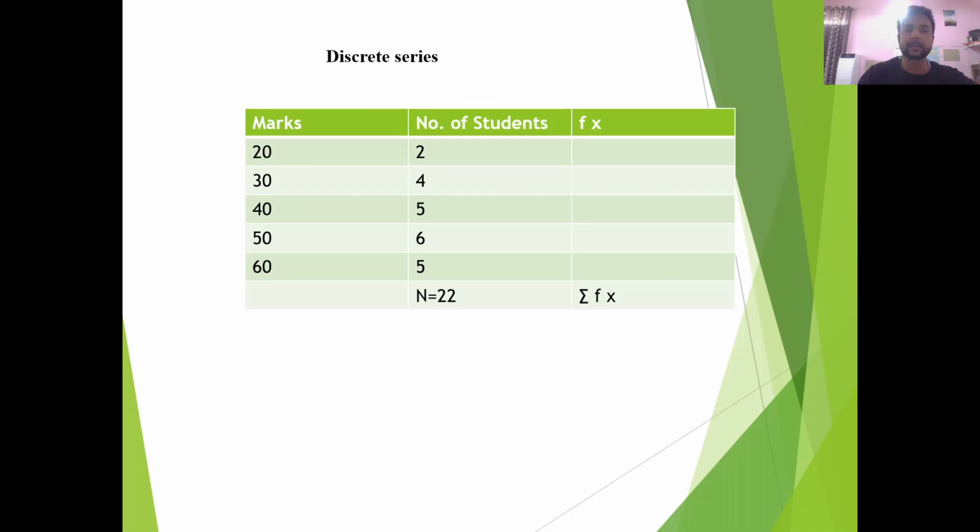In case of a discrete series, I already told you that marks, like 20 marks, will be obtained by a multiple number of students. So how will we find the average in that case? For that we use another formula: x bar is equal to the summation of fx divided by the number of observations. We have to find fx first, and then we can find the summation.